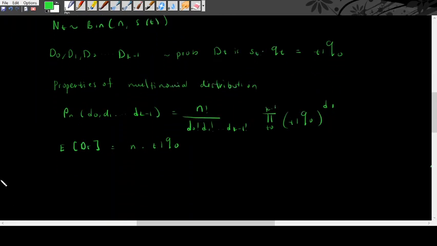And the variance of dt here is equal to n times t given q0 times 1 minus t given q0.